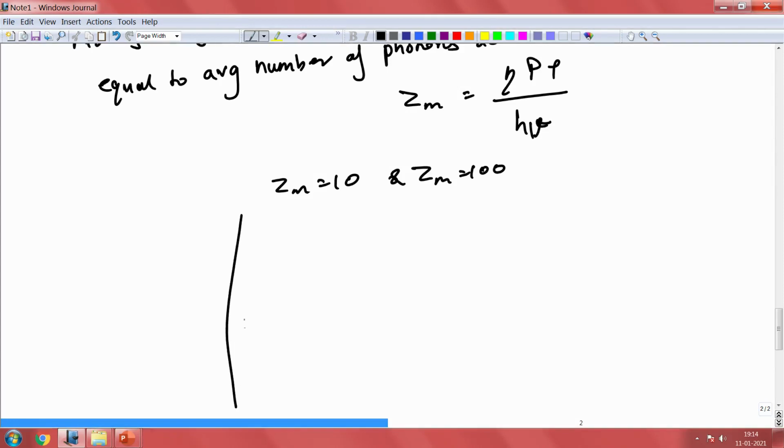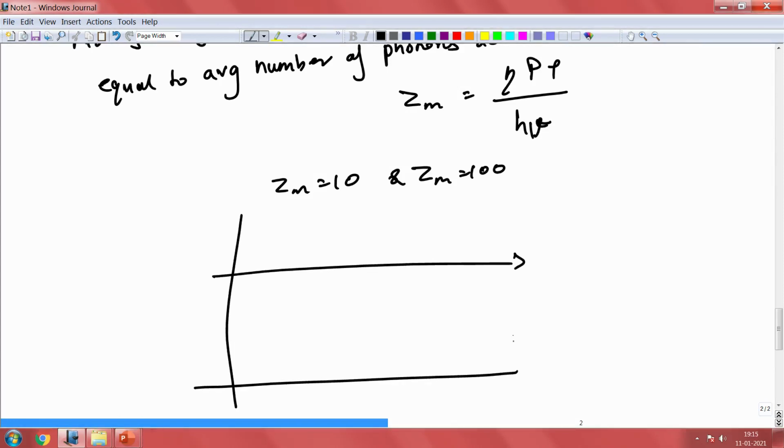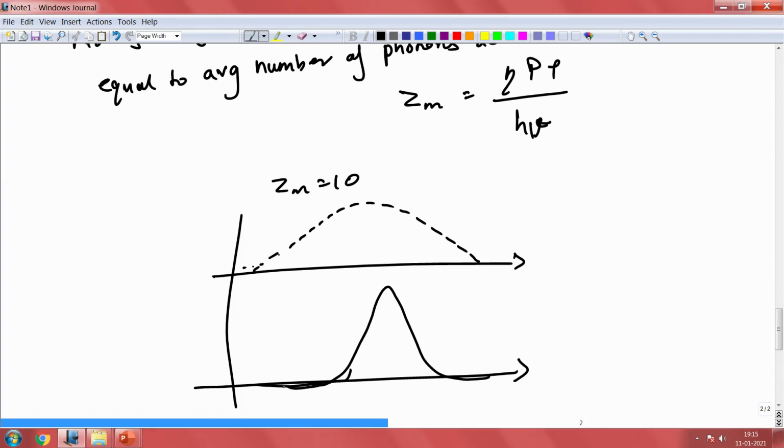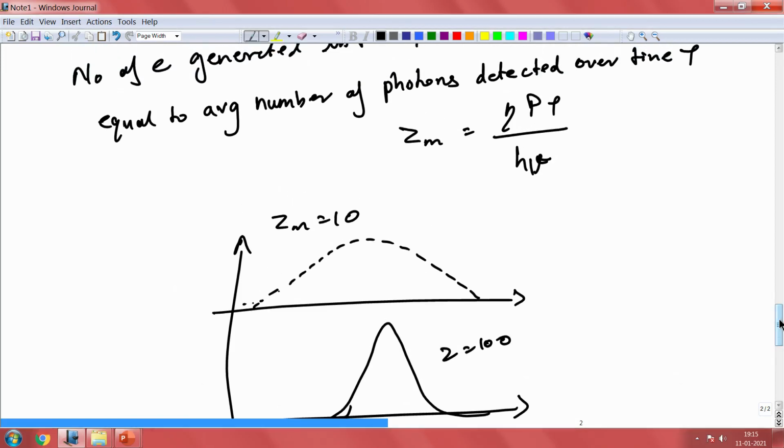So your distribution here would look really sparse for Z equal to 10, and then it is much finer when Z equal to 100. So this is our simple Poisson distribution for very low number of photons and very large number of photons.